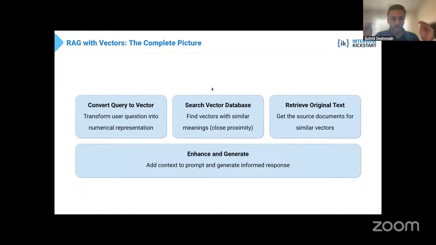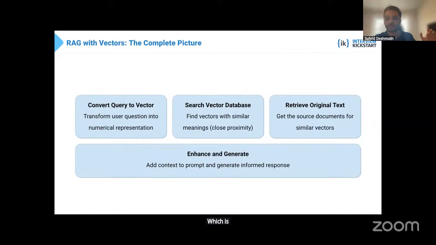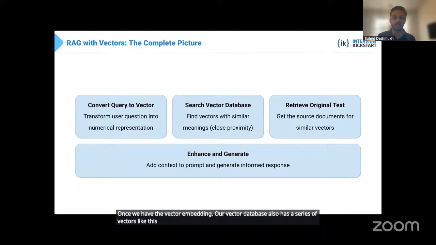Right. So we have seen that the entire picture of a RAG-based system therefore looks like this. We convert our input prompt, which is text-based information, into this numerical vector embedding. Our vector database also has a series of vectors like this associated with our proprietary documents.